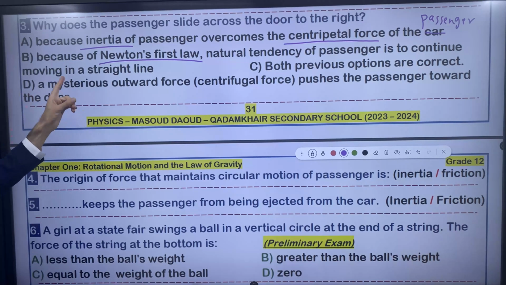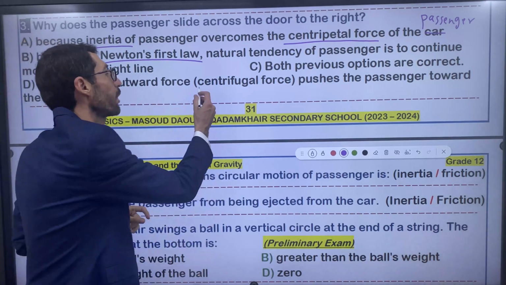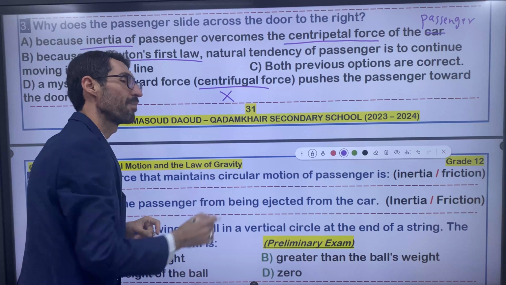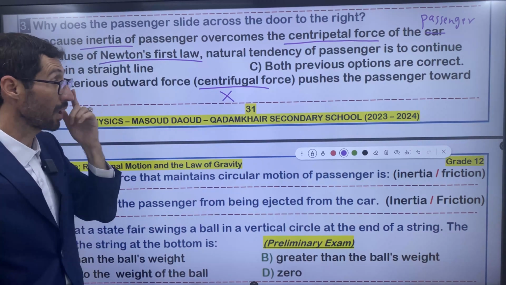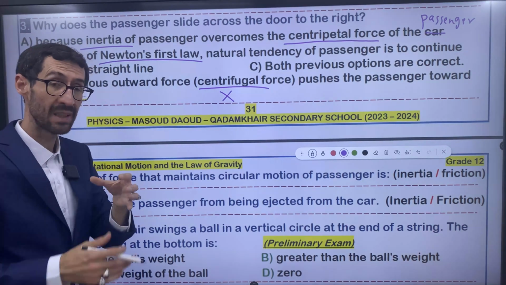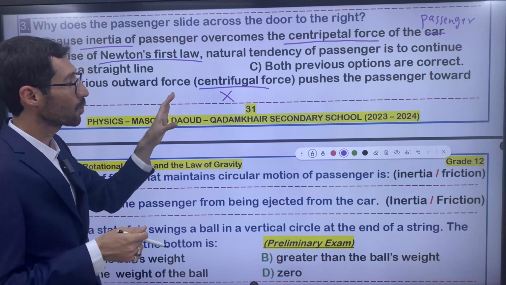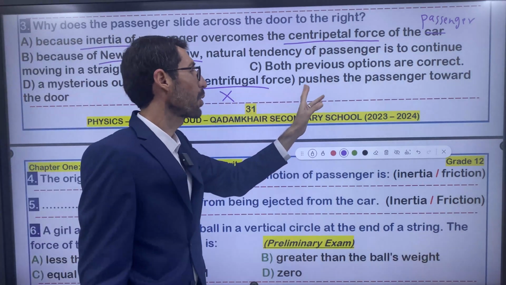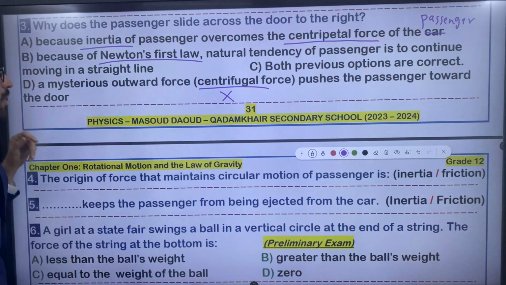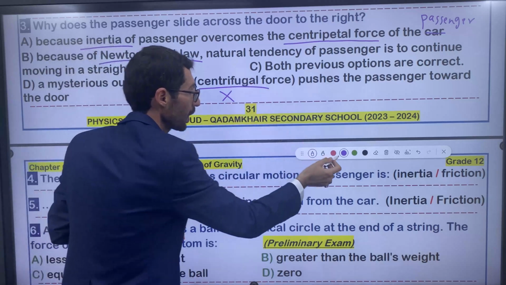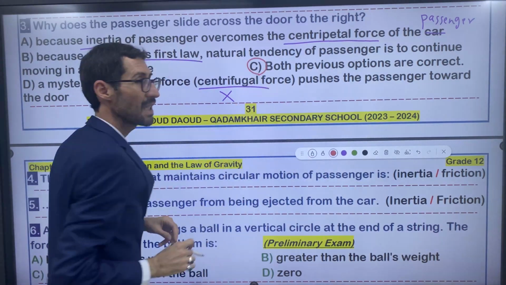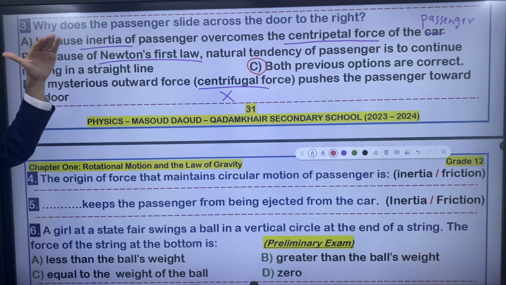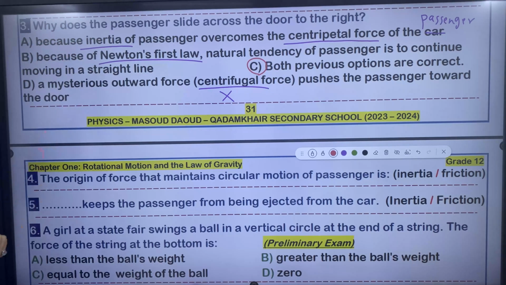A mysterious outward force, centrifugal force. I told you, we don't believe in a centrifugal force because our textbook doesn't believe it, right? That's why we don't accept it. Pushes the passenger toward the door. That's why the only answer is C. C means both options A and B are correct.